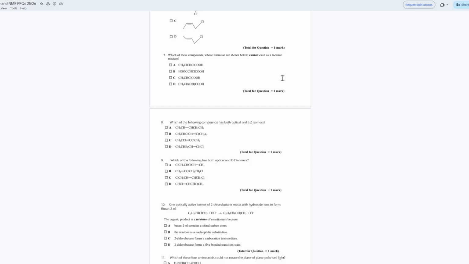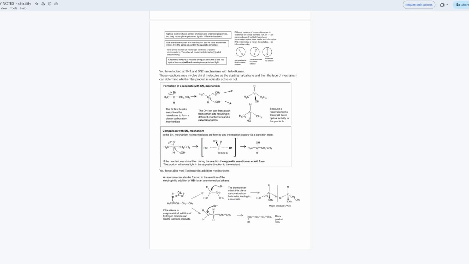Let's see. If we go back to our principles, the one that cannot form a racemic mixture is the SN2 one, which would be the tertiary. No, SN2 is primary. Wait.